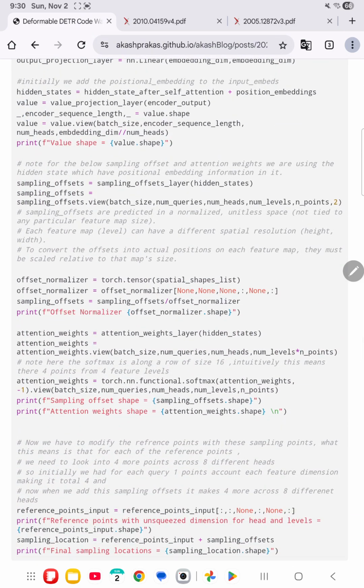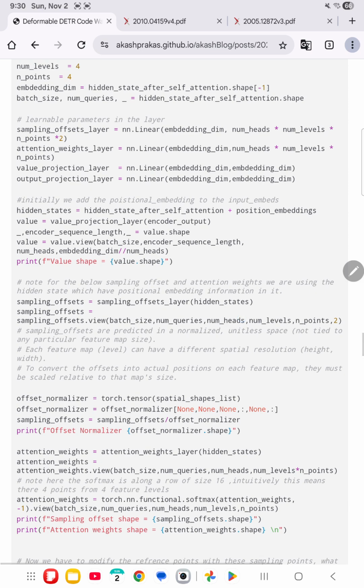So here is the sampling offset layer, which produces number of heads, number of levels, number of points, and 2, and the same for the attention layer. This is exactly similar to what was happening in the encoder.